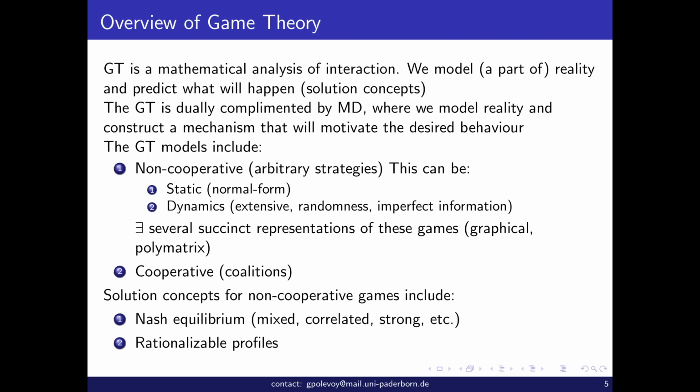And then, according to that model and to that solution definition, that would be a prediction of what happens. Now, game theory, which is what I've just described, is dually complemented by mechanism design. And there, the model of reality is equipped with a mechanism: what are the rules of the game, let's say, what are the exact rules of the auction or of the election and so on, and what are the laws in the society, for example.